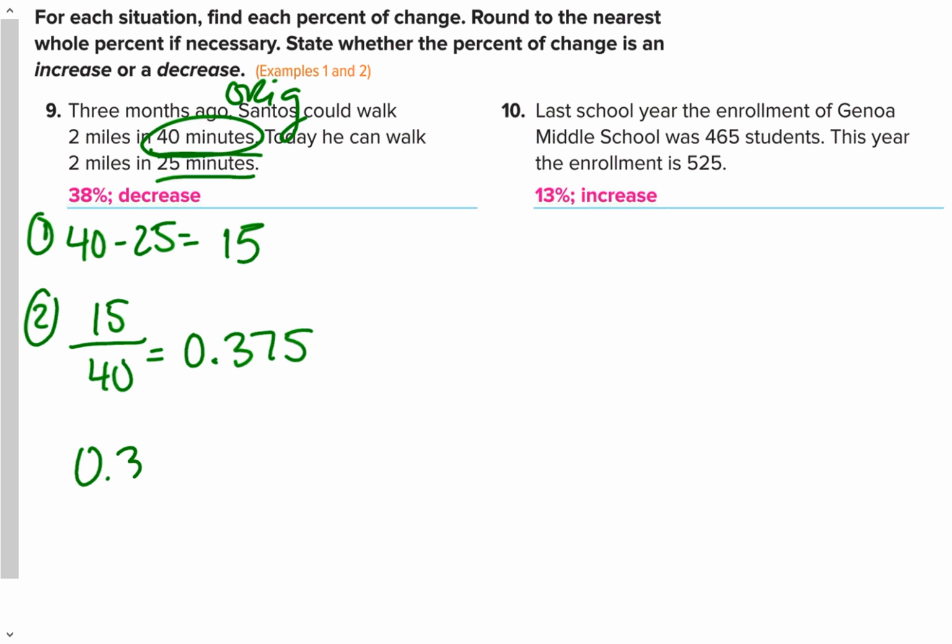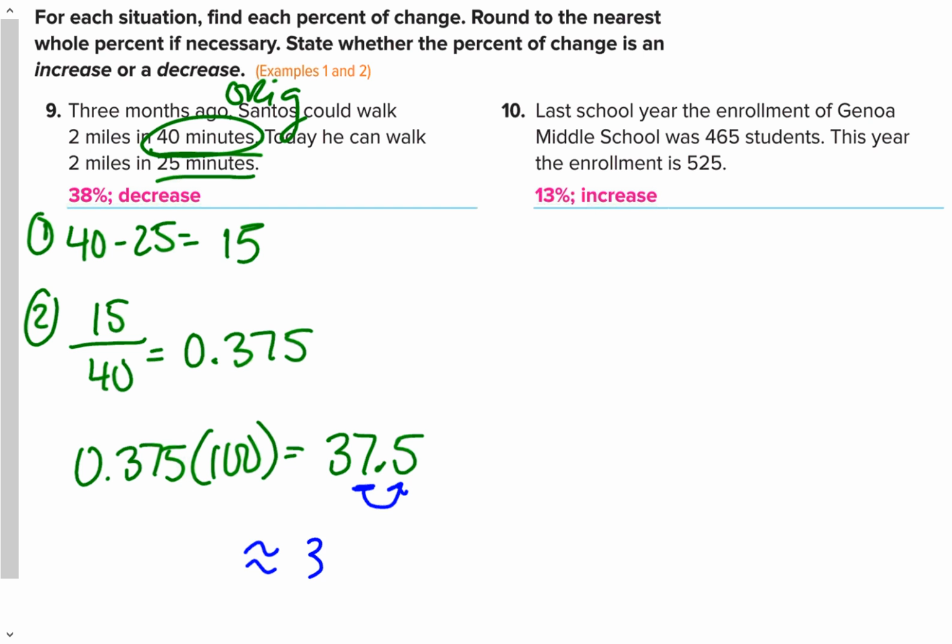We're going to turn that into a percent by multiplying times 100. And you get 37.5, but remember you want to round to the nearest whole percent. So does the 5 make the 7 go up or stay the same? It makes it go up. So it's about 38%. And because we went from 40 down to 25, it's a decrease.